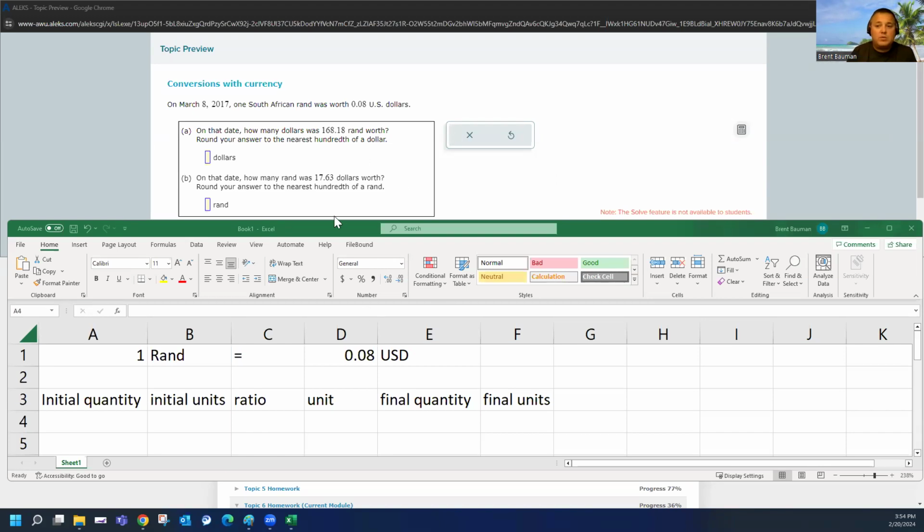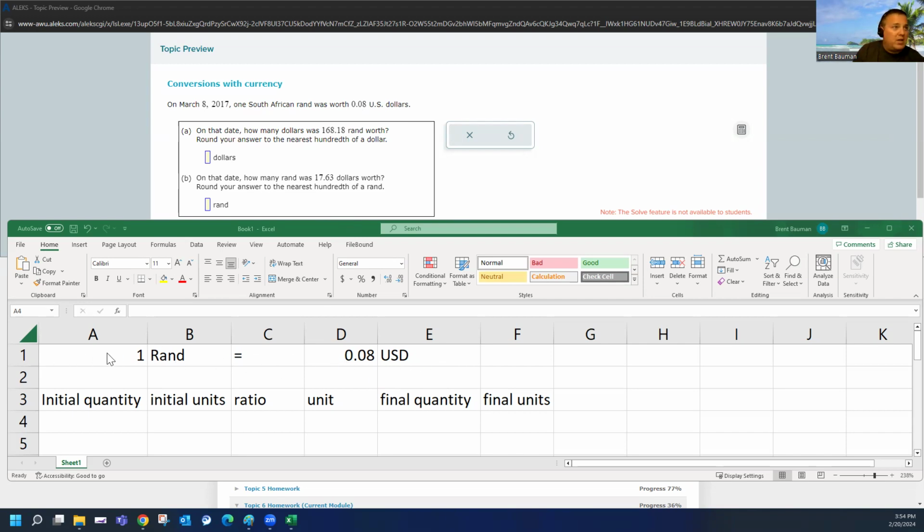These are similar to the ones we've been doing in Excel. So I'm going to set it up with an Excel document and work our way through. We're given that one South African rand was worth 0.08 US dollars, or 8 cents, and that's going to be our conversion.